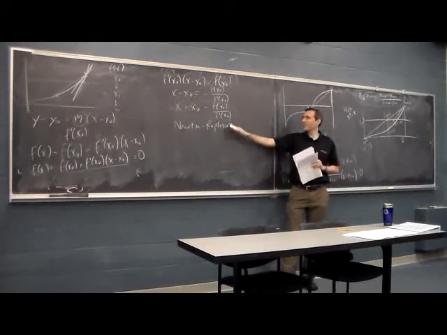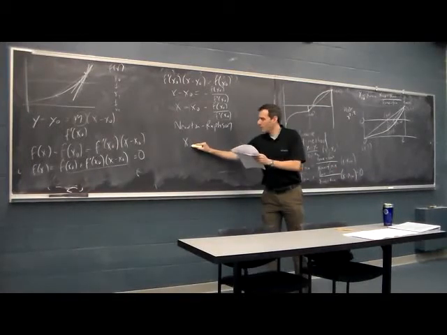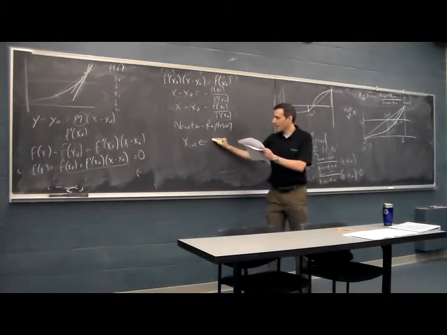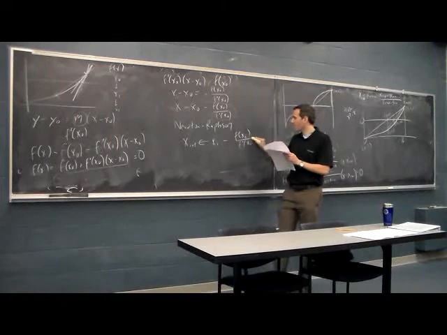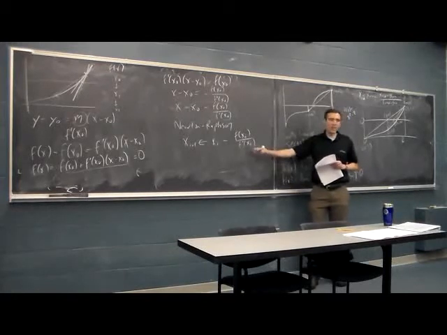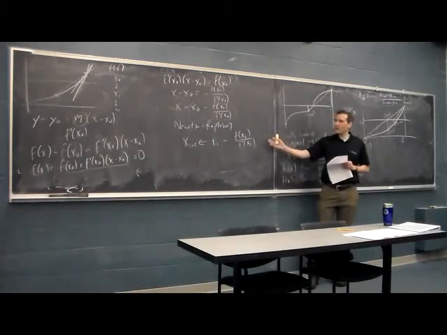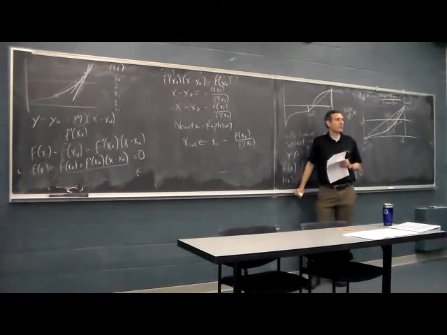So let's give Raphson the credit he deserves and call it Newton-Raphson. You start with an initial guess, and then you repeatedly apply the iteration x sub i plus 1 gets x sub i minus f of x sub i over f prime of x sub i. You wrap that in a while loop or repeat-until loop, add a stopping condition just like we had before, so forward error or backward error, and that basically is a one-dimensional Newton-Raphson iterator.